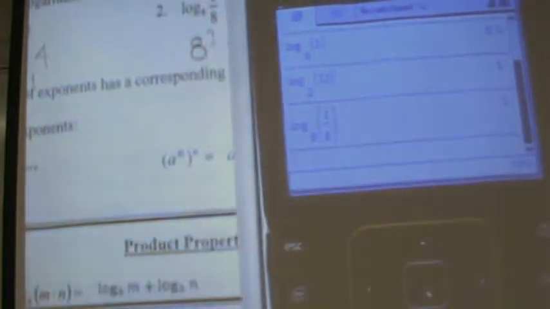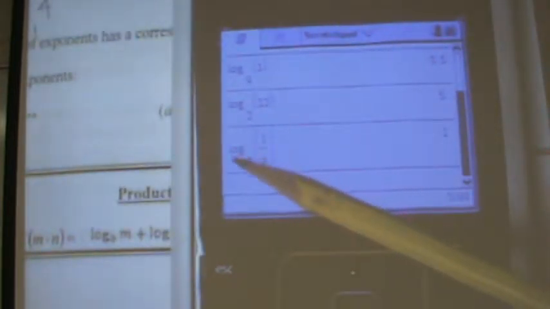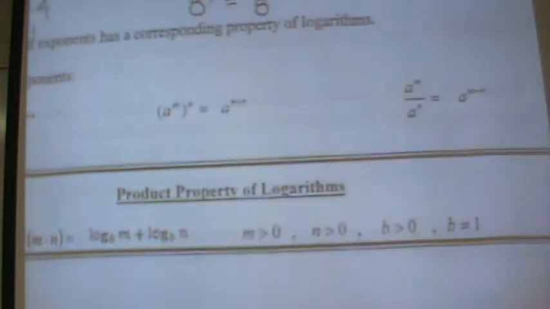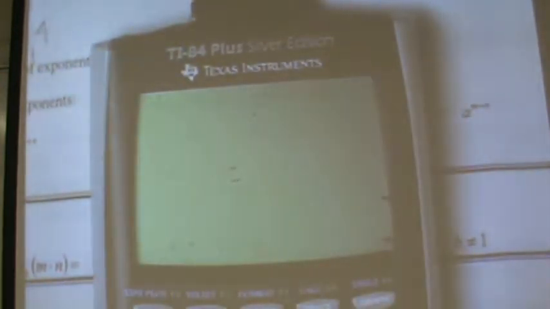Now, see this calculator that's in front? This is like the Cadillac of all calculators. This calculator gives you the opportunity to type it in as you see it. But if you are not blessed to have that type of calculator at home, how many of you have the Inspire at home? No one.